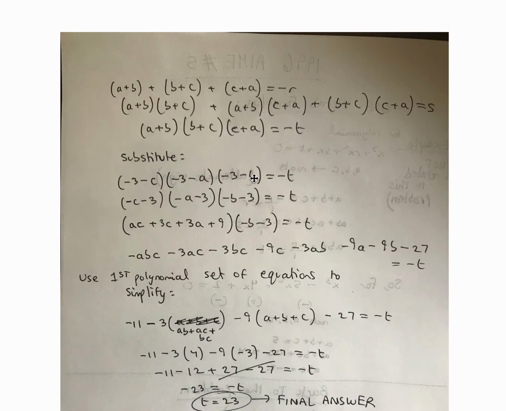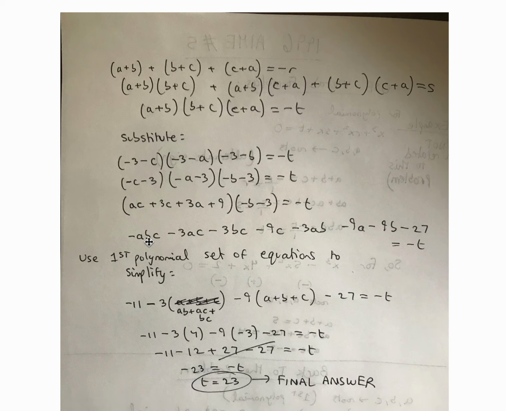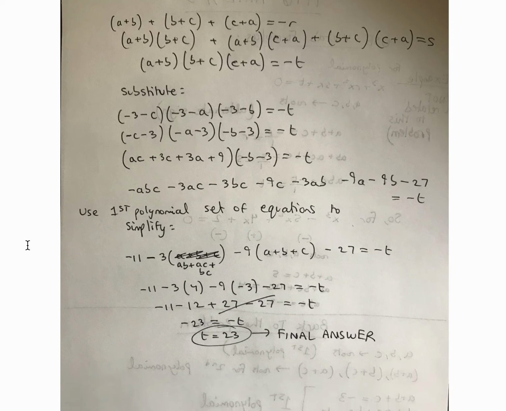Then I get these three factors equal to negative t. Then I just expand this out, and I get negative abc minus 3ac minus 3bc minus 9c minus 3ab minus 9a minus 9b minus 27 equals negative t. Obviously, this is not structured in the optimal way, as I could put the negative 9c, minus 9a, and minus 9b together, but you get the idea.